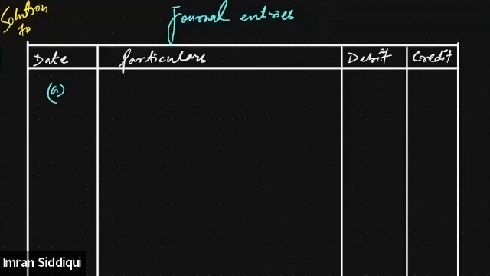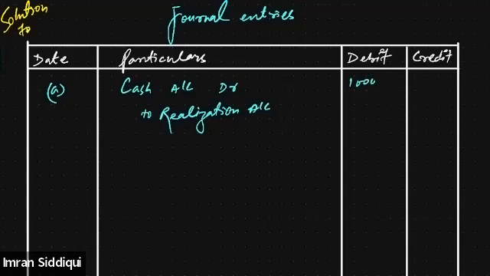Cash account debit to realization account. Perfect, very good. The amount was 10,750,000.